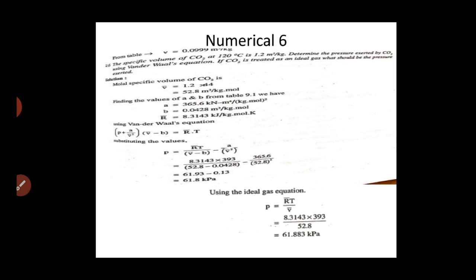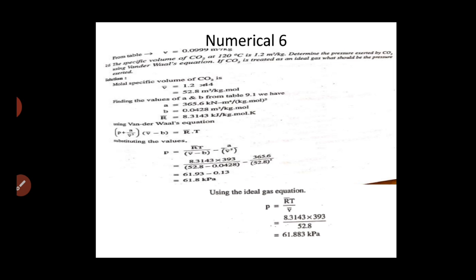8.3143 into 393. Temperature is given as 120 degrees centigrade, plus 273, that is 393 Kelvin, divided by V bar, which is 52.8 that we calculated in the beginning, minus B, 0.0428. Then this entire thing minus A, which is 365.6, divided by V bar 52.8 squared.